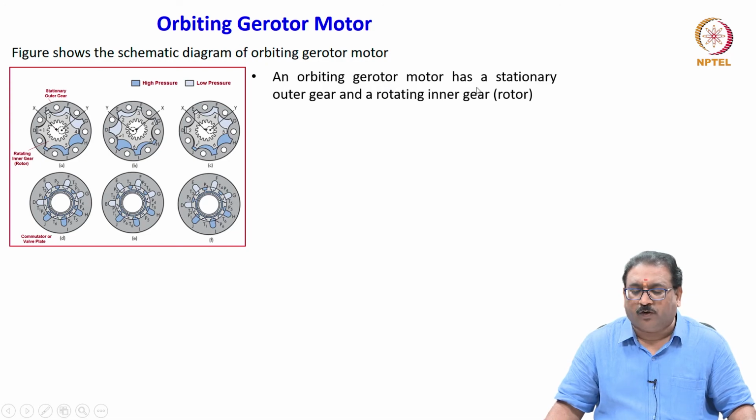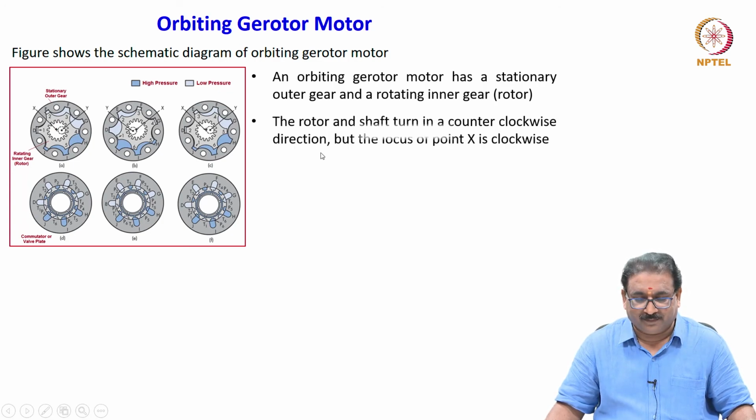An orbiting gerotor motor has a stationary outer gear and a rotating inner gear. The inner gear is connected to the motor shaft, that is the rotor. Please note here, friends, the rotor and shaft turn in the counterclockwise direction, but the locus of point X is clockwise.